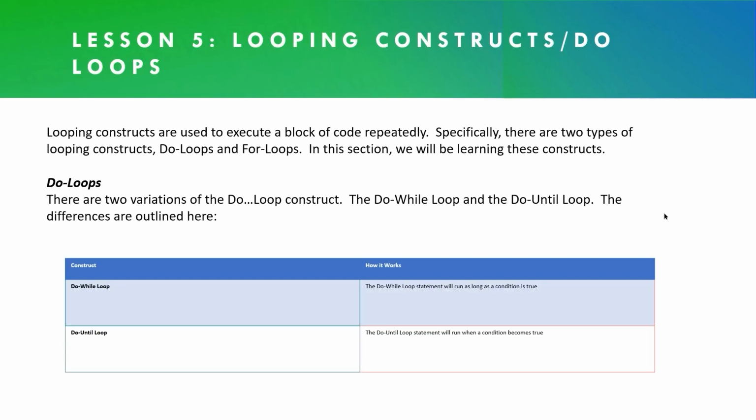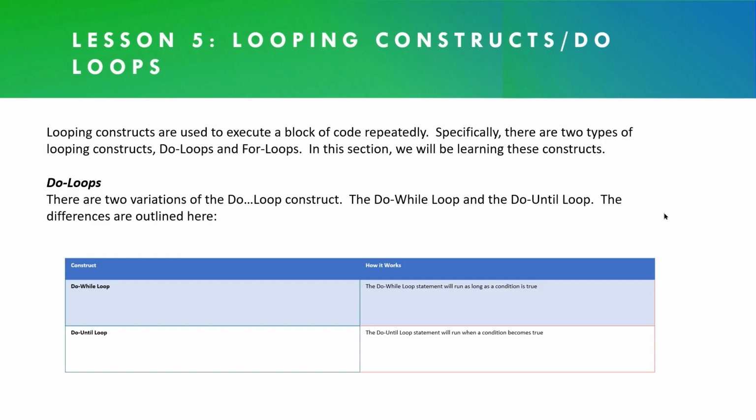We're going to address the other VIN numbers on the sheet by using a looping construct. And they're used to execute a block of code repeatedly. There are 2 types of looping constructs, do loops and for loops. And we'll be focusing on the do loops for right now.